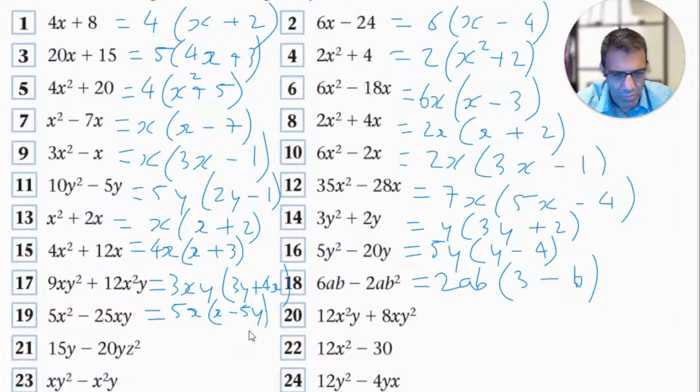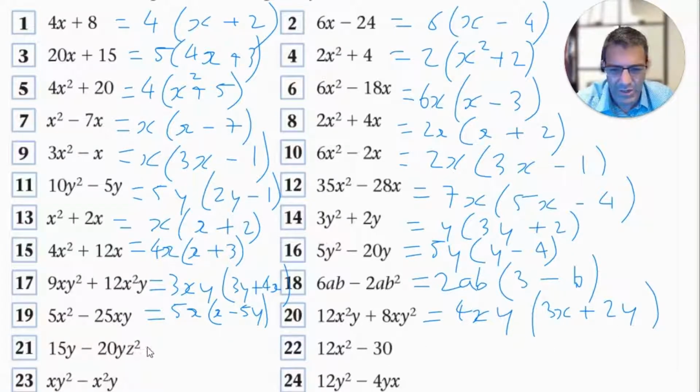This is supposed to be a y. There you go. And then this one, 4xy. So I'm going to do that. 4xy factor of 3x for this one plus 2y.